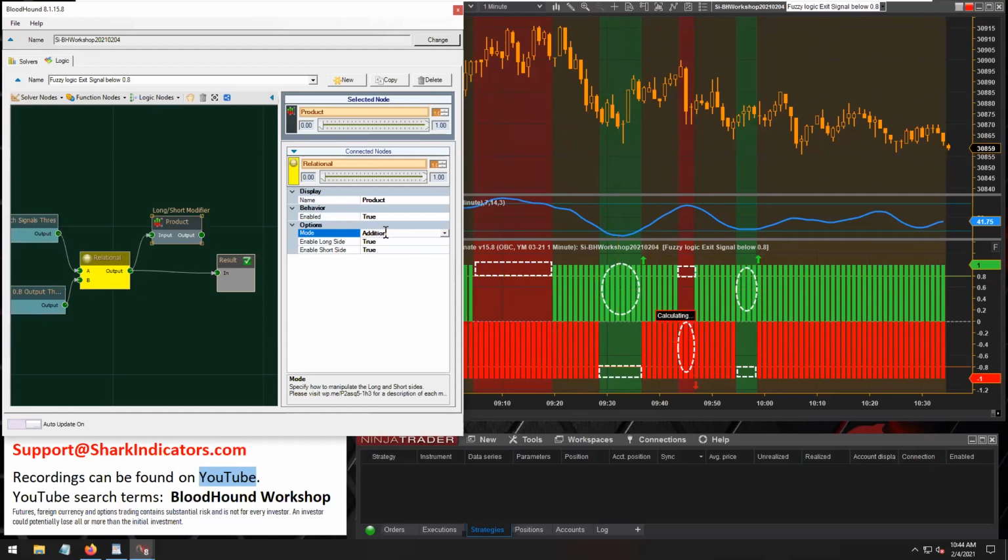And so the product, being multiplication, I'll put it back on product there. What the long short modifier is doing is multiplying the long output and the short output together in product mode.